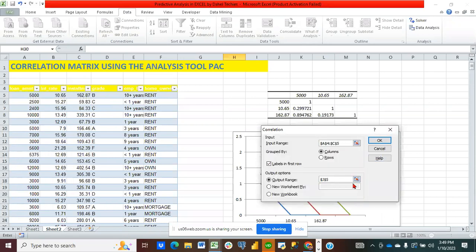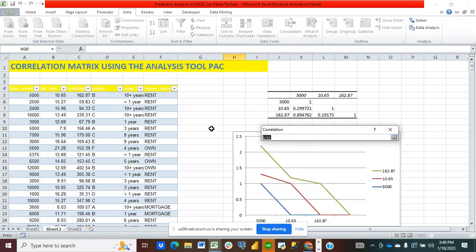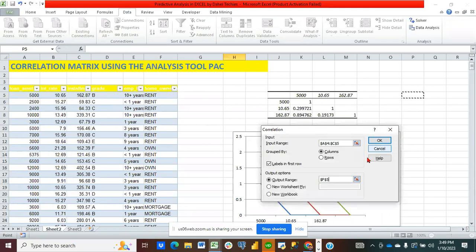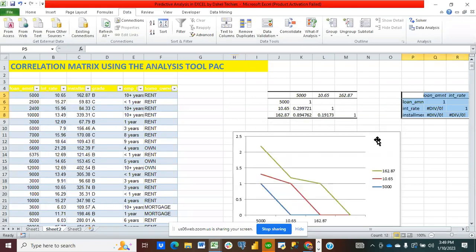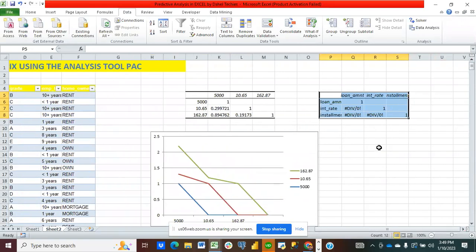And the output range, you want to put it here. Click on OK. Can you see that? There is a correlation matrix, but there is absolutely no loan amount showing. Probably, let me share this thing with you first before I forget.